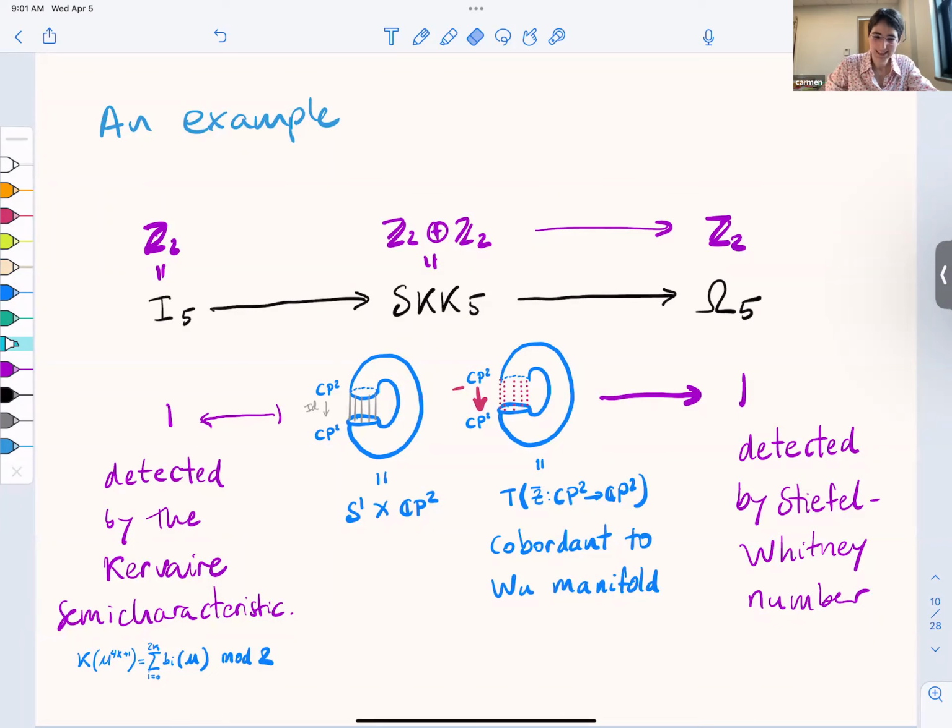How do you see the sphere in there? S1 cross CP2 is very close to a sphere. An S1 bundle over CP2 is a sphere. I think so. That's a pretty cool geometric argument. You could just cheat and evaluate the invariant and see that they give you the same class, but that's a very cool way to see it. Oh, nice. I hadn't thought about that, but it's pretty cool. Yes. Okay, good.